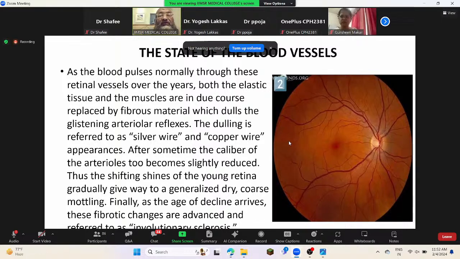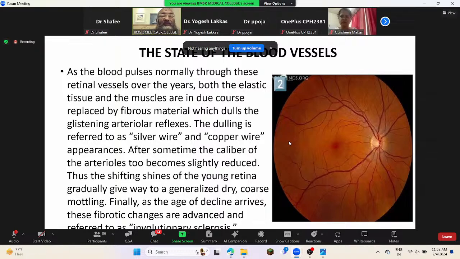Both the elastic tissue and the muscle tissues are in due course replaced by fibrous material, which dulls the glistening arterial reflexes. The dulling is referred to as silver wire and copper wire appearances, although these terms keep turning up in textbooks, we don't classically see it on ophthalmoscopic examination. But anyway, there is somewhat of a difference between the appearances, which might be picked up by a senior ophthalmologist, and especially now with high definition technology, it is being picked up.